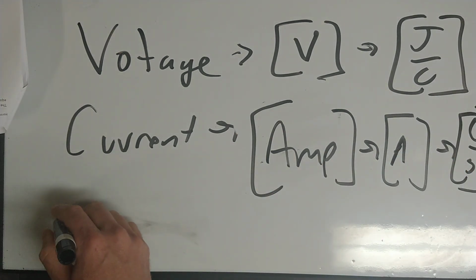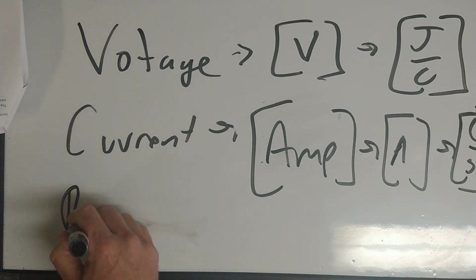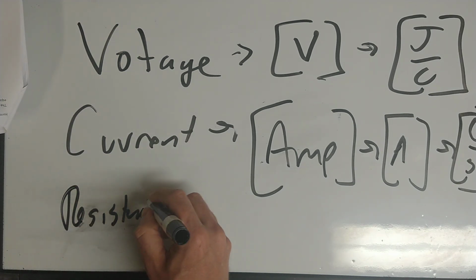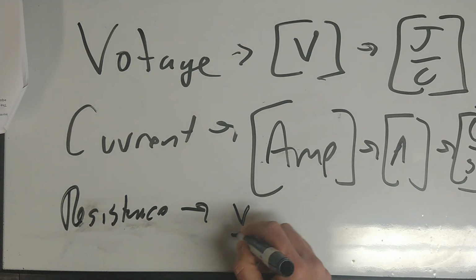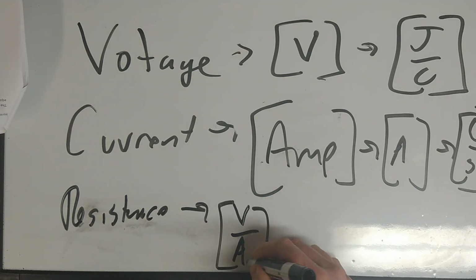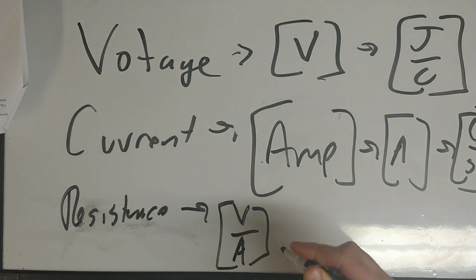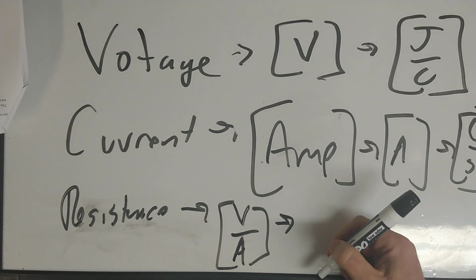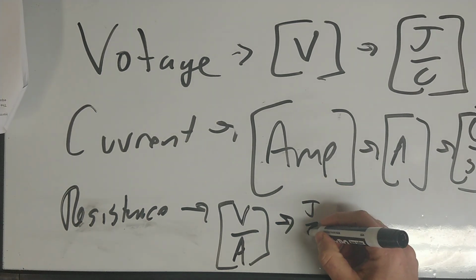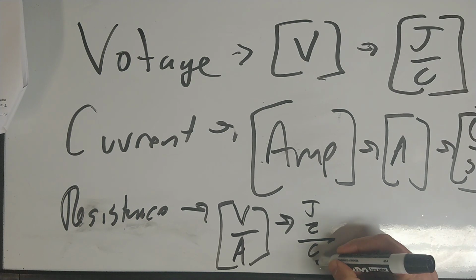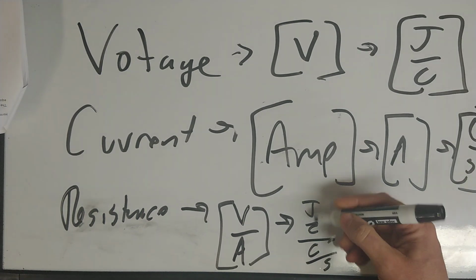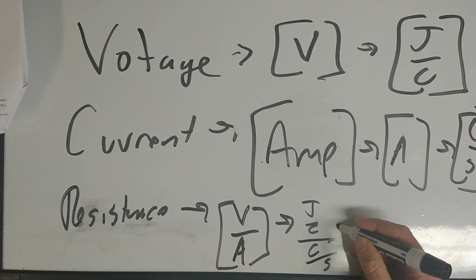And the unit for resistance is a volt per amp, which is a joule per coulomb per second. It's kind of a strange thing it comes out to be.